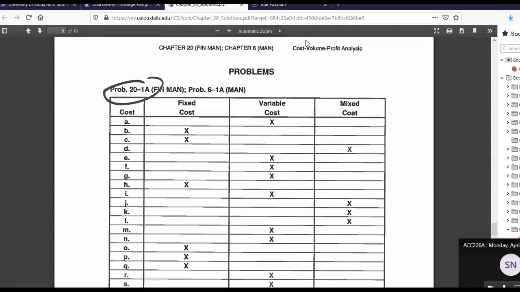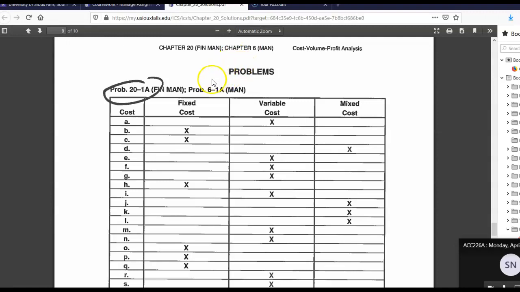Anything that's wages or hourly is, of course, variable. That would be important to remember. Outside of that, everything else in here is pretty straightforward. Mixed, of course, has that component of fixed and variable. Any questions on 1A? Pretty similar to the one that we did earlier.